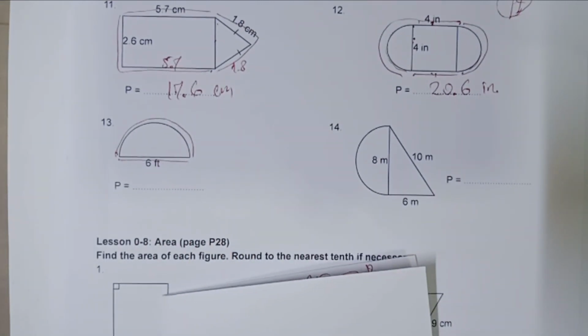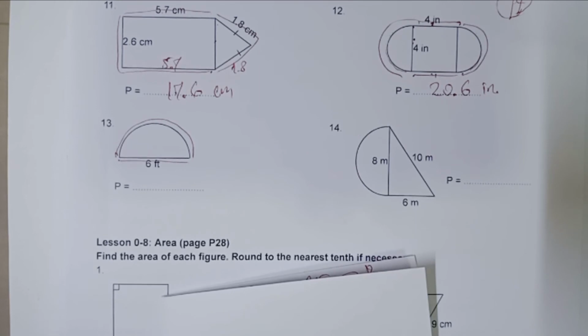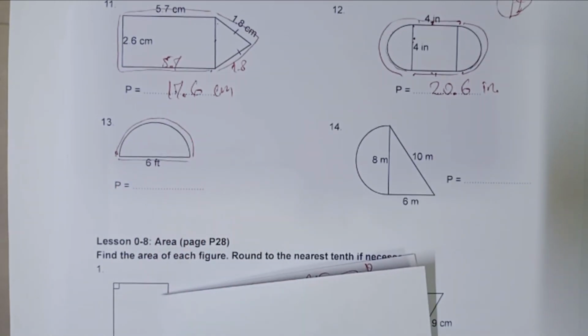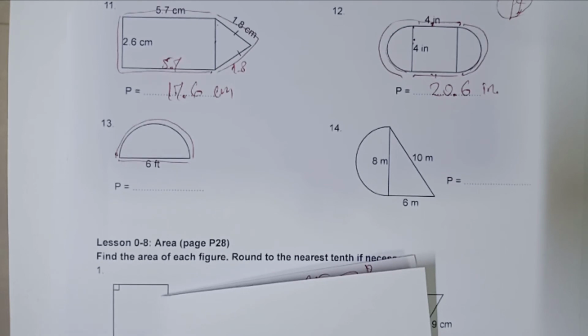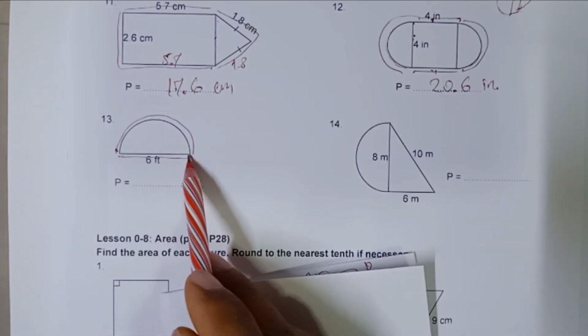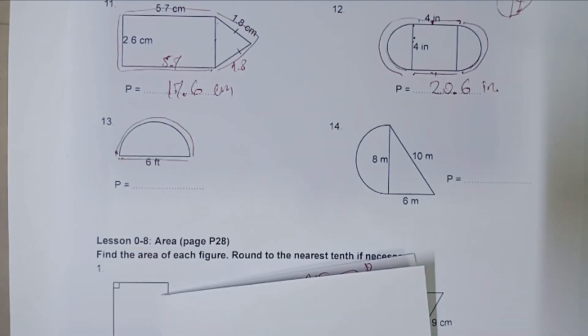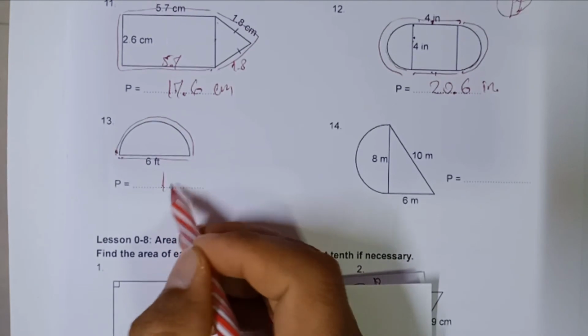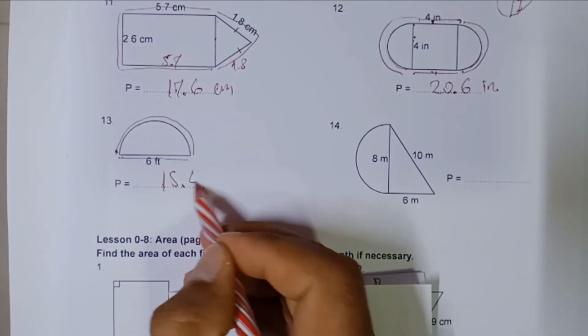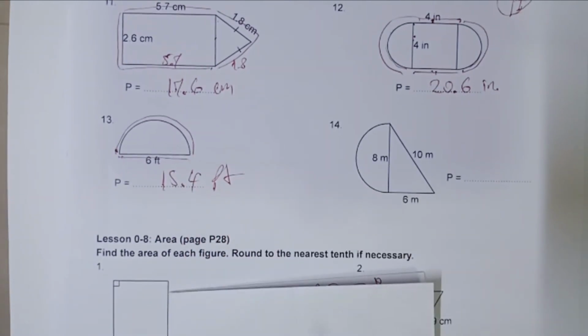You have 6 times pi, that will give you a full circle, but you need only half of the circle, so you divide by 2. After that, you plus 6, which is the length down here. That will give you 15.4 feet.